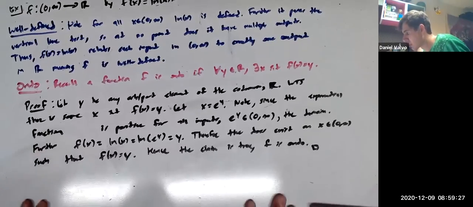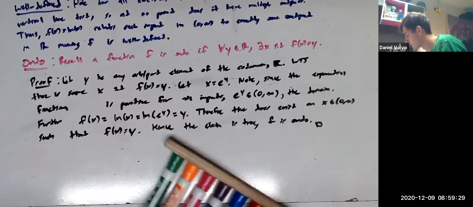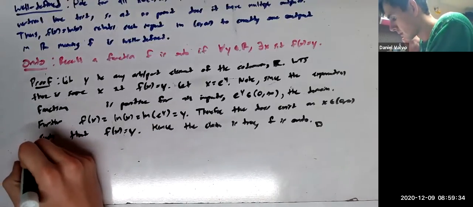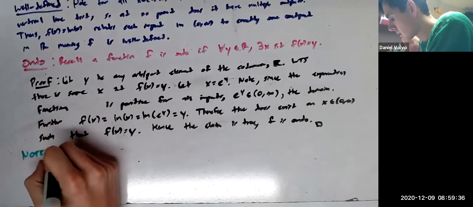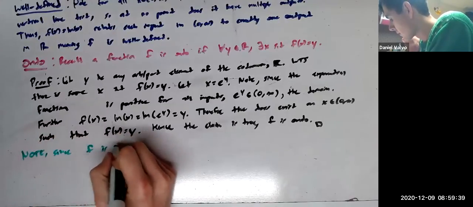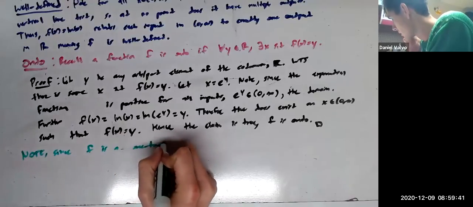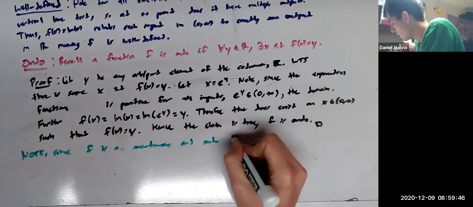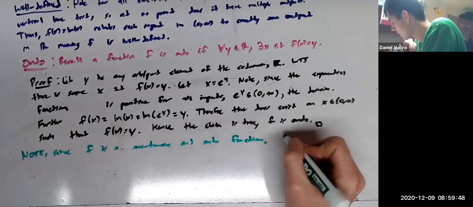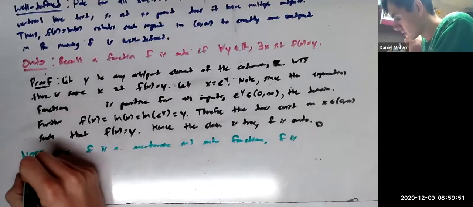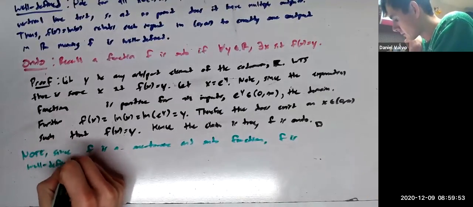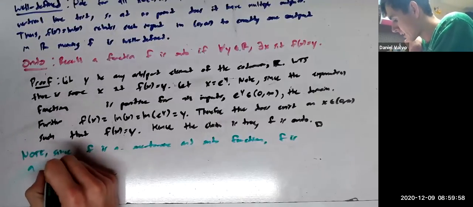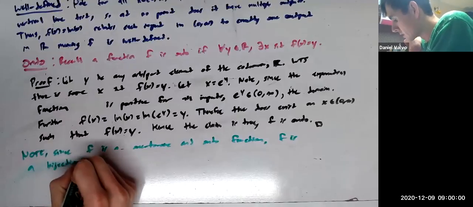So that's that. And I guess one last thing I'll say before we end here is, note, since f is a 1-to-1 and onto function, and we already know it's well-defined, f is a bijection.